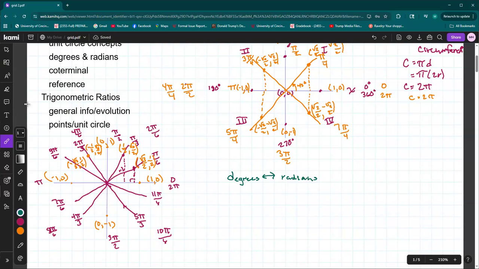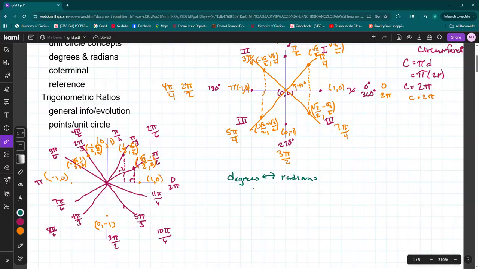Math people, I mean, me personally, I tend to be as lazy as possible and want to use as easy numbers as possible, meaning I don't want to deal with fractions if I don't have to. So yes, I could do 135 and 3 pi over 4. That is a good comparison because they end up at the same spot. I could do 90 and pi over 2. Yet again, I want to do decent numbers, so I'm going to use that 180 and the pi.